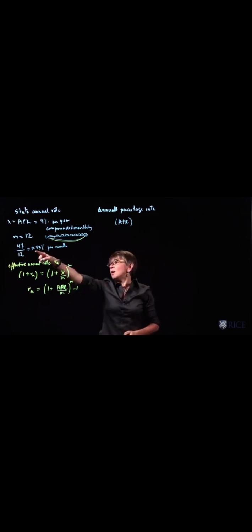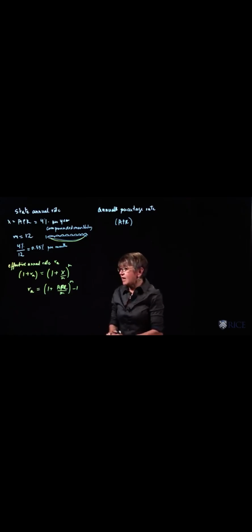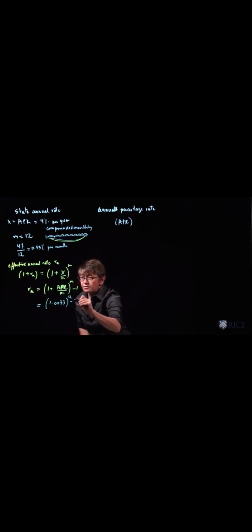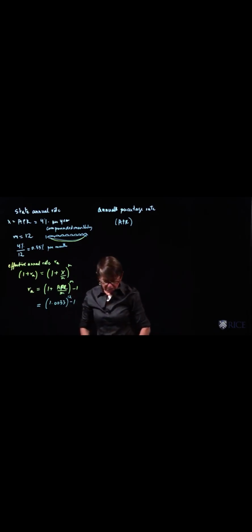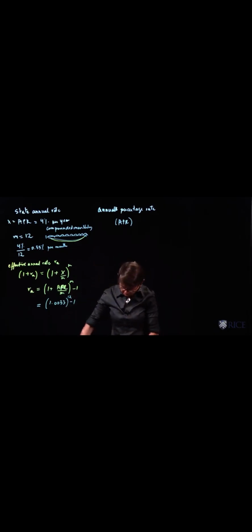So what is the effective annual rate in our example? Well, it's going to be 1.0033 to the 12th minus 1. And so it's going to be 4.032%.